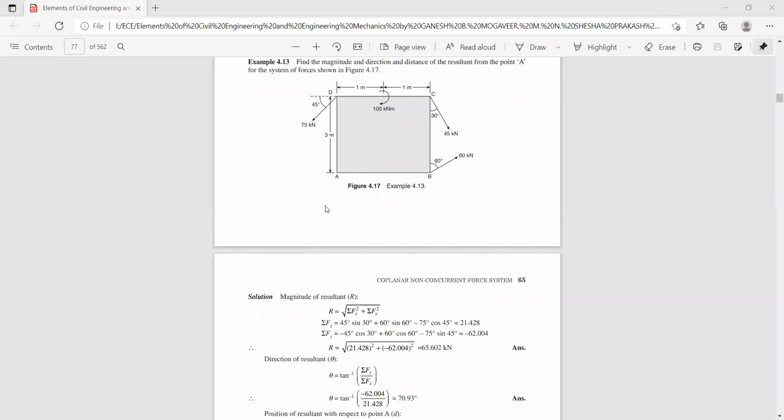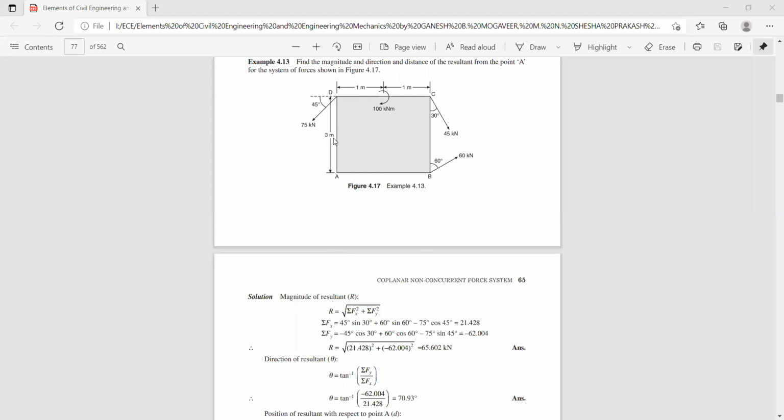So sigma MA, one by one we shall deal. For the horizontal component of this force, that is minus 75 cos 45, correct? This is acting like this. So 75 cos 45 and the height being 3 meter, it creates an anti-clockwise movement. Hence minus 75 cos 45 into 3.